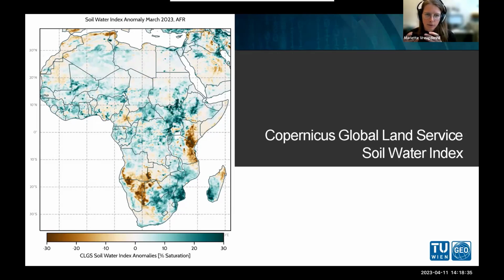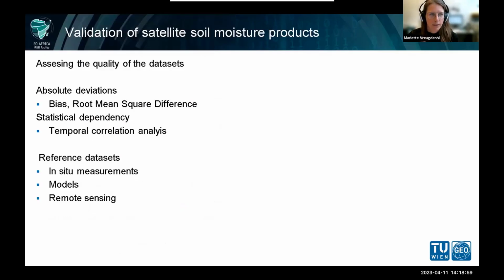Whereas if you really want to look specifically into a certain area or a catchment, then of course 500 meter resolution data is very useful. The challenge, however, with the high resolution data sets is that they are only available since 2015. So calculating deviations from the long-term mean is more difficult, which we will discuss also later on.